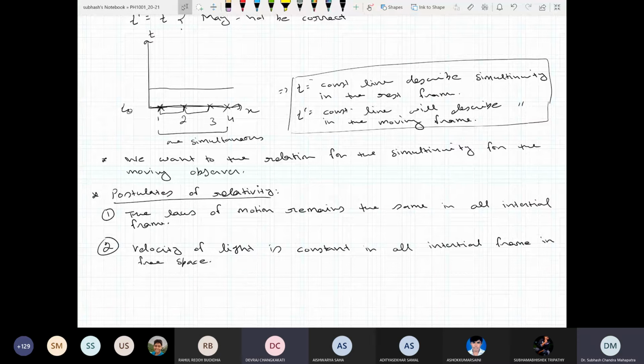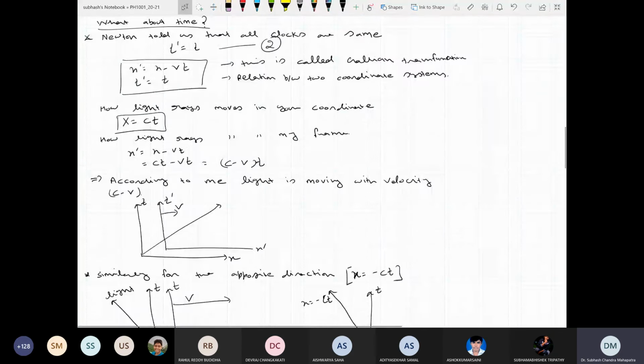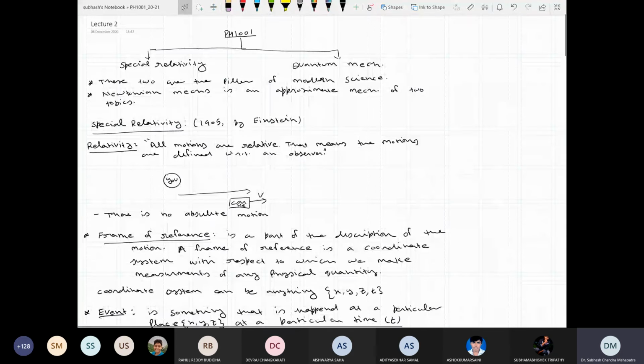Another word for this subject is special relativity. I explained to you the word relativity, but I didn't explain the word special. It's special in the sense that it applies to a restrictive system, where all the frames are moving with constant velocity.